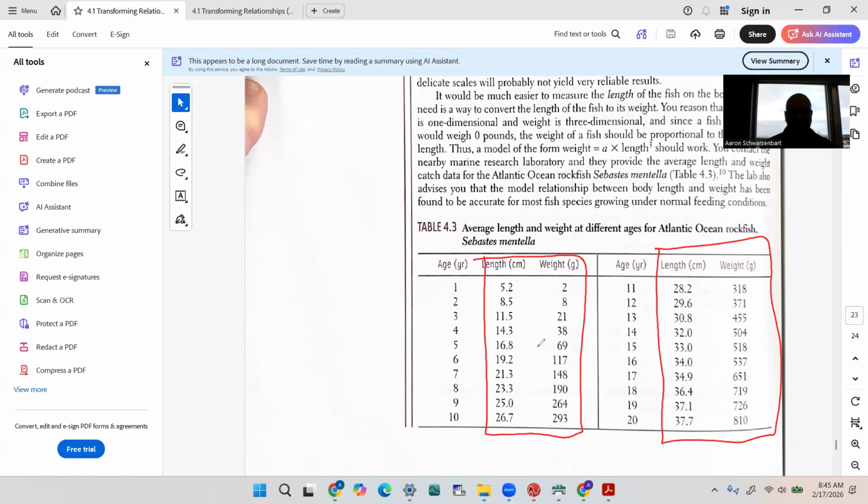So here we've got 20 different ages of fish. This data is on page 216. So go ahead and enter all of that data into the calculator.